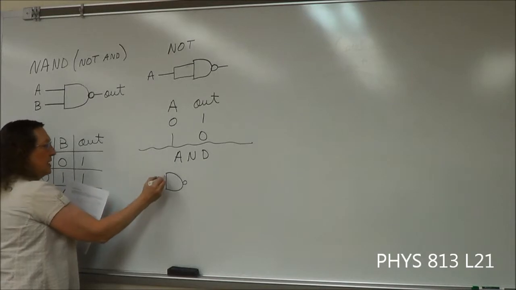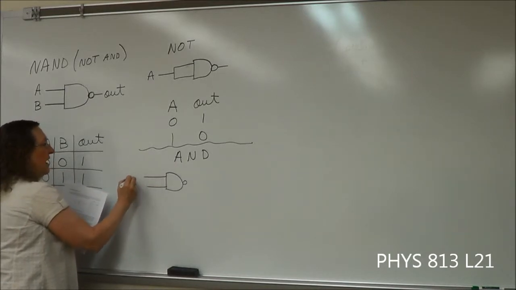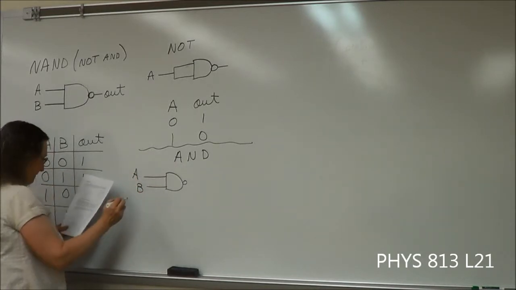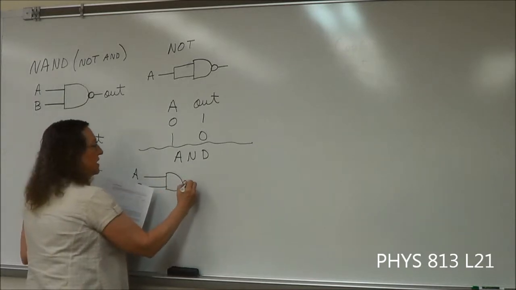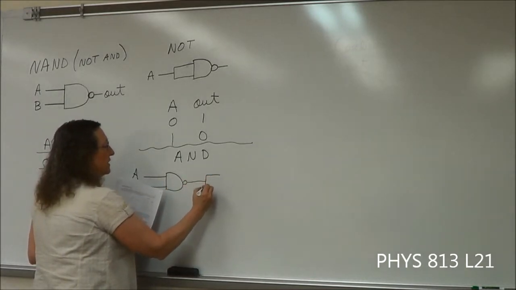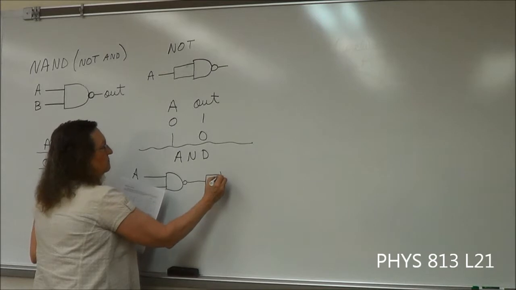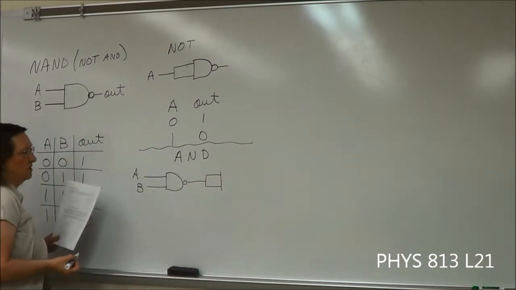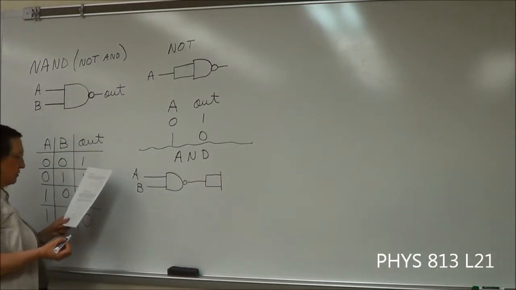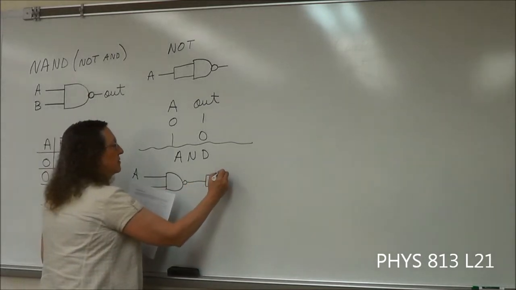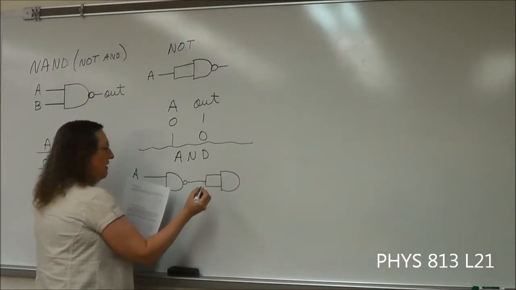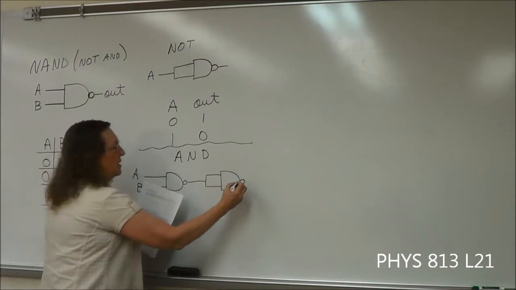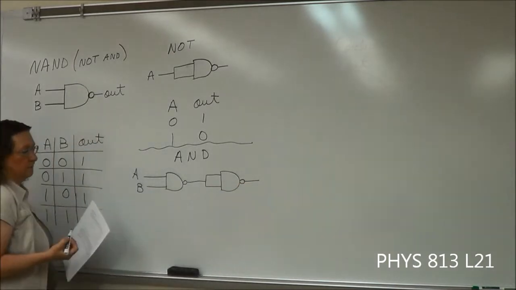And we need two inputs, so we are going to have an A and a B. And then this comes out and it goes both directions. So we have another NAND and then an output.